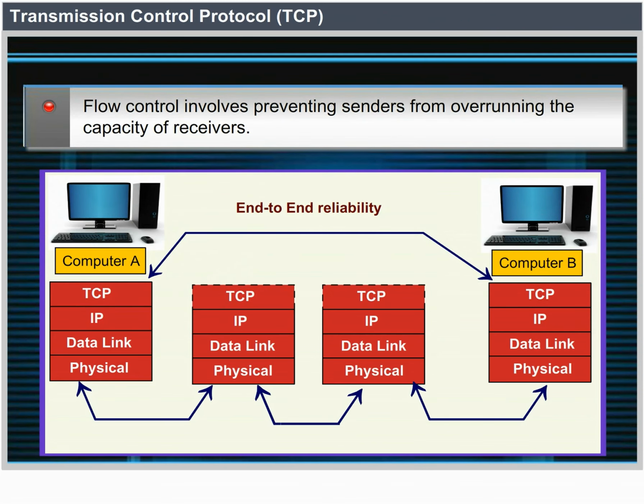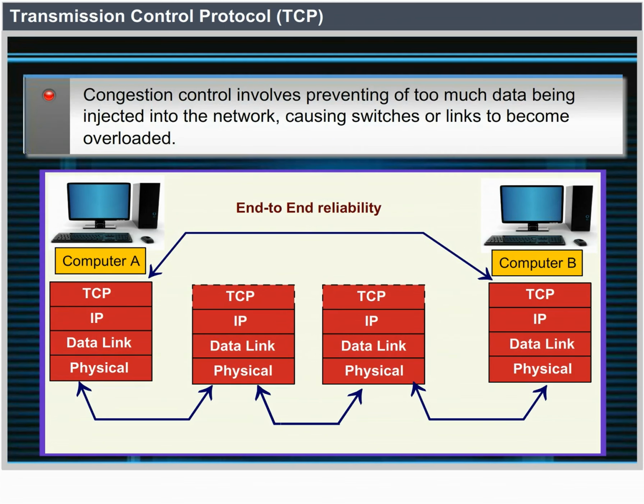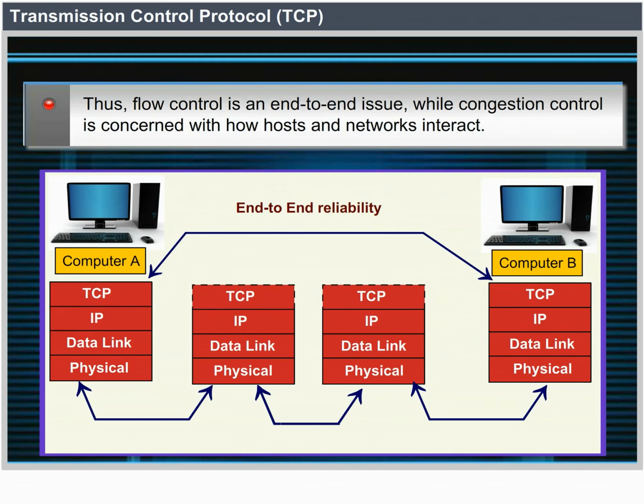Congestion control involves preventing too much data from being injected into the network, thereby causing switches or links to become overloaded. Thus, flow control is an end-to-end issue, while congestion control is concerned with how hosts and networks interact.